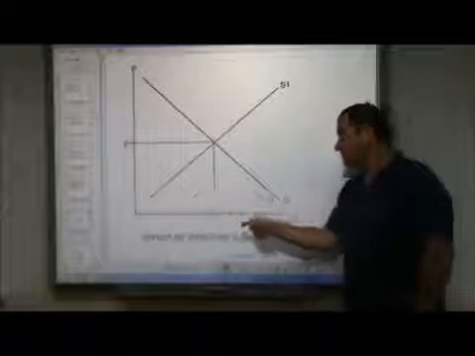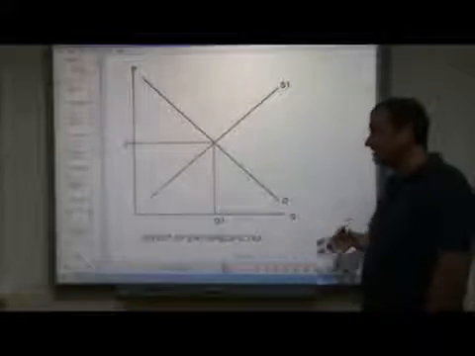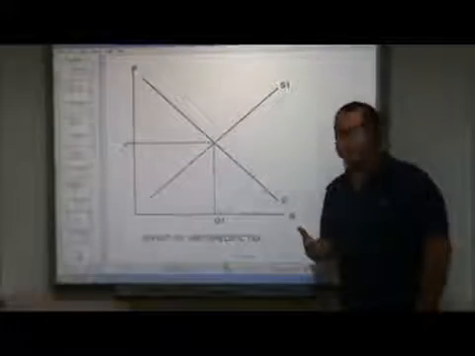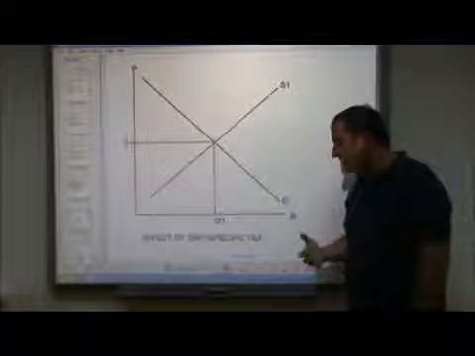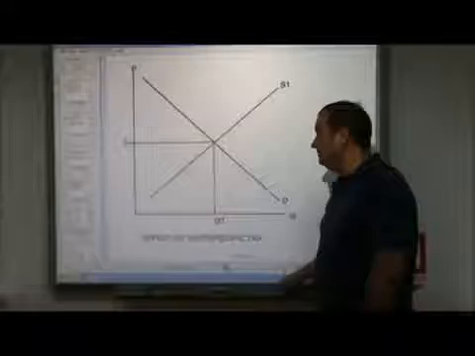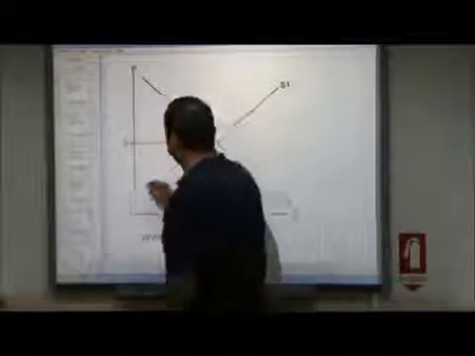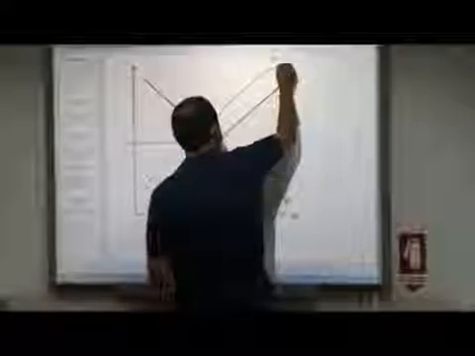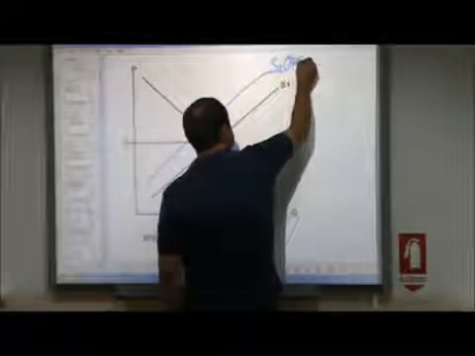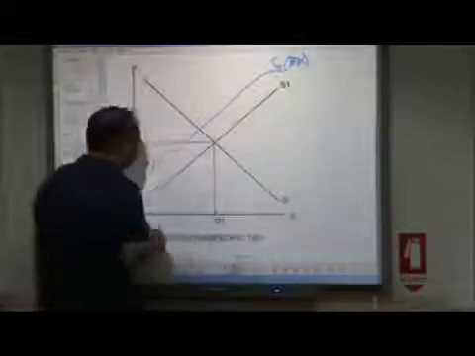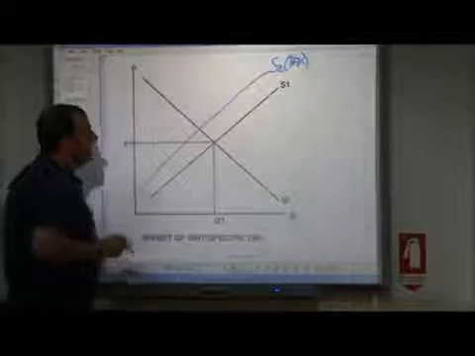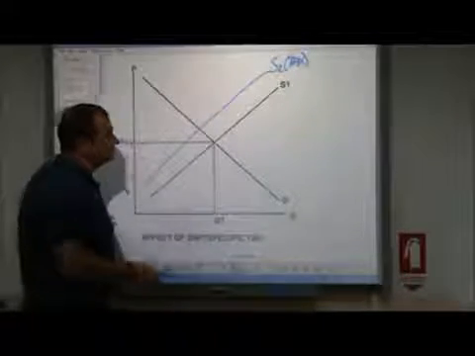So here I'm going to show you the effect of a unit or specific tax. At the moment we're in equilibrium, there is no tax. Price is P1, quantity is Q1. But the tax imposed would do this: shift the supply curve by a vertical distance equal to the tax.